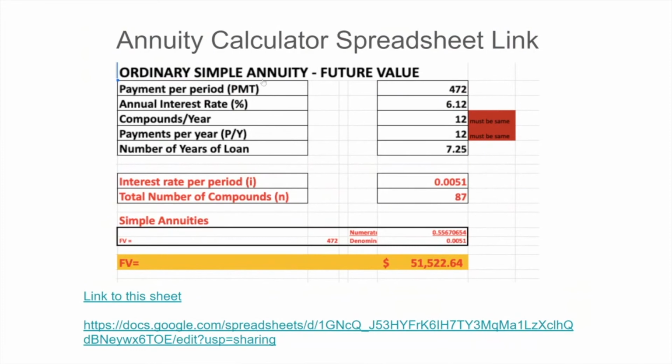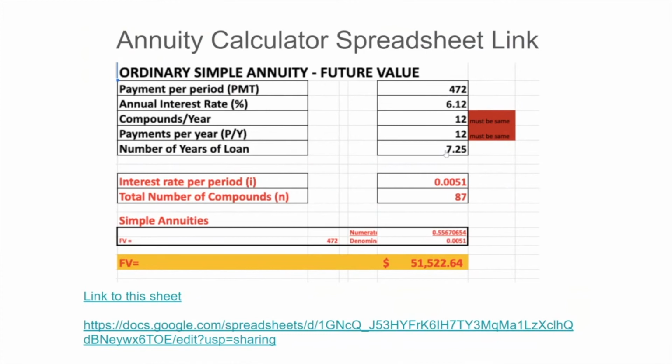Effectively, what you do is you identify what type of problem it is, in this case an ordinary simple annuity, and I ask you to include the key material. So you just plug the numbers in here: the payment, the annual interest rate, compounds per year, and payments per year, which must be the same. By definition, an ordinary simple annuity must be the same. Then the total number of years.